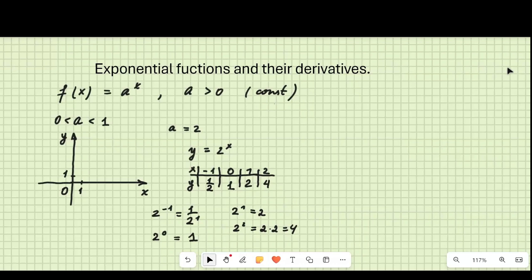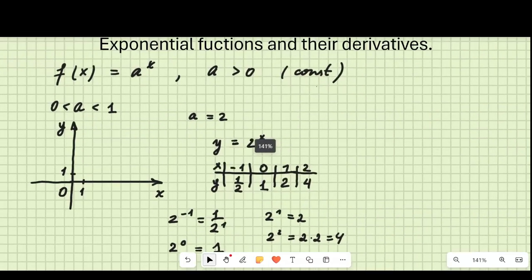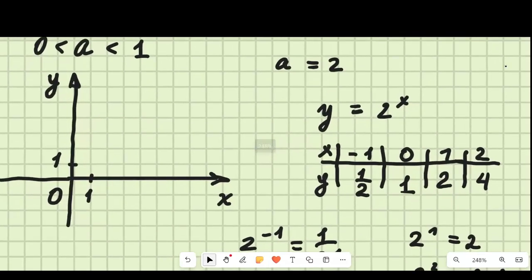So now we can see that we have 4 points: 1/2, 1, 2, 4, and they start at -1 as x and go up to 2 as x. I'm going to stretch my graph a little bit to make it easier for me to graph. So x equals -1, y equals 1/2.